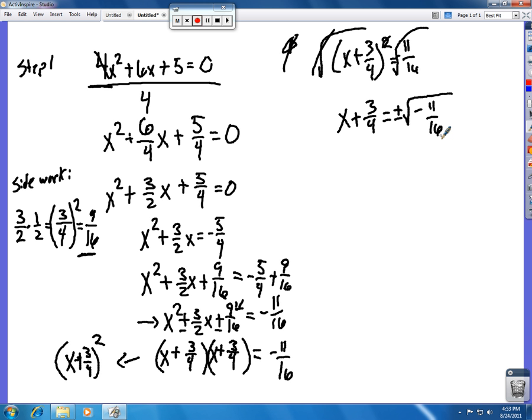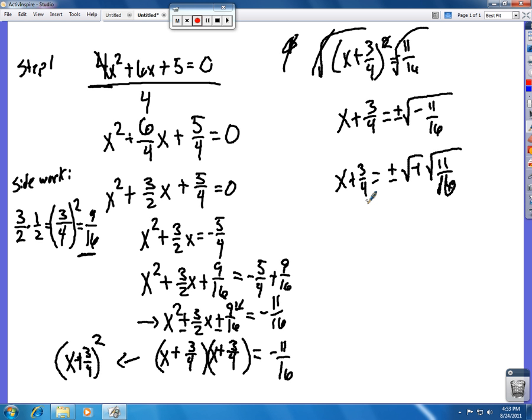So now what we can do is we've got the negative underneath the radical, so pull out our i, or square root of negative 1. So we've got negative 1 times 11 over 16. That's it, right? There we go. Again, plus or minus.